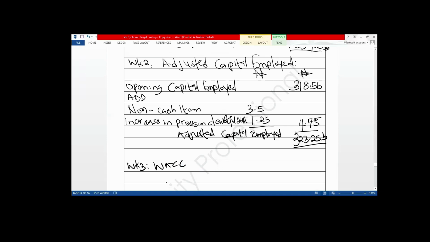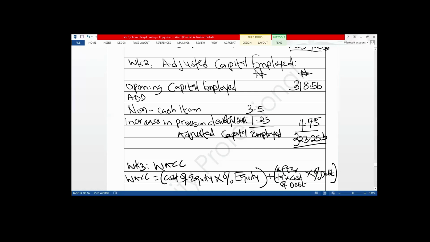Without wasting time, the formula is cost of equity multiplied by percentage of equity, plus after-tax cost of debt multiplied by percentage of debt.